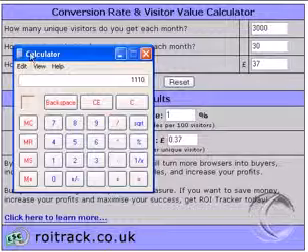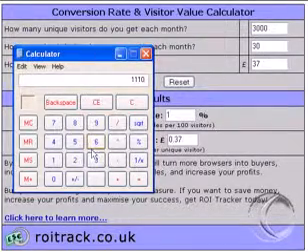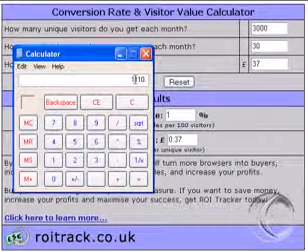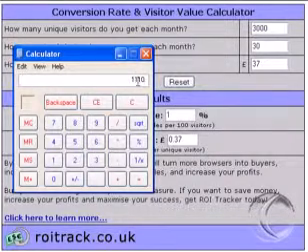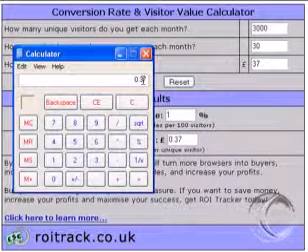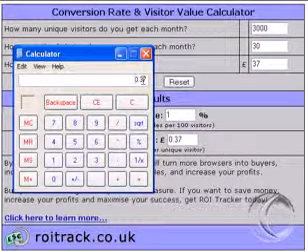So it's very easy the way you calculate that. You take the $1,110 that I make per month, or for every 3,000 visitors, and you divide by 3,000 visitors, and you get 37 cents. So basically, here's why visitor value is so important.